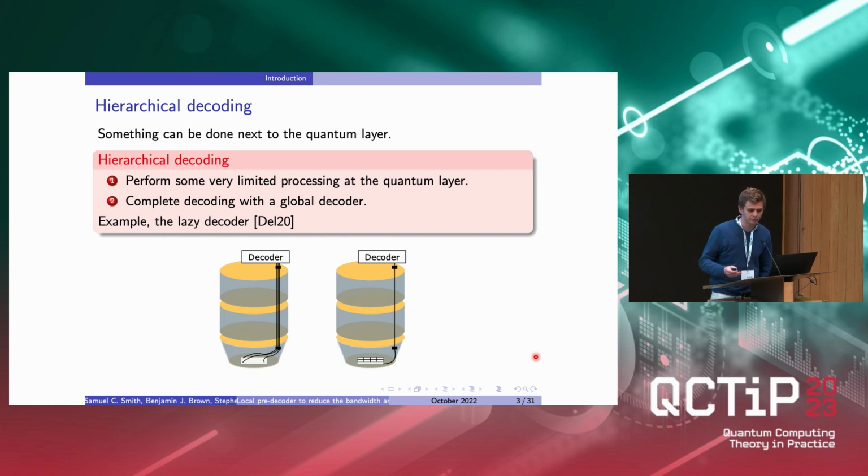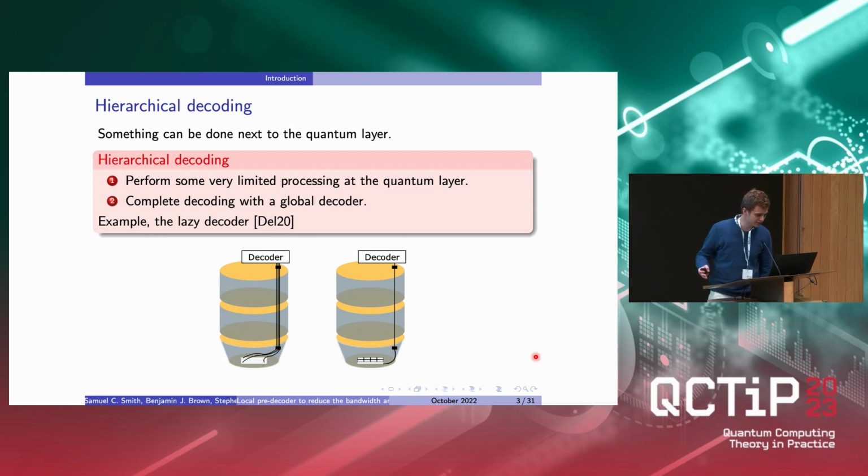So why would you do this? You do this because there are certain bottlenecks that exist when you try to do real-time decoding. Things like having to make your decoder run fast, things like the bandwidth that you have to maintain when you pull data from the cold temperature to room temperature. So you're trying to break up this problem so that when you do this first simple pre-decoding stage, you reduce the complexity of the problem that needs to get sent to and solved by the room temperature decoder.